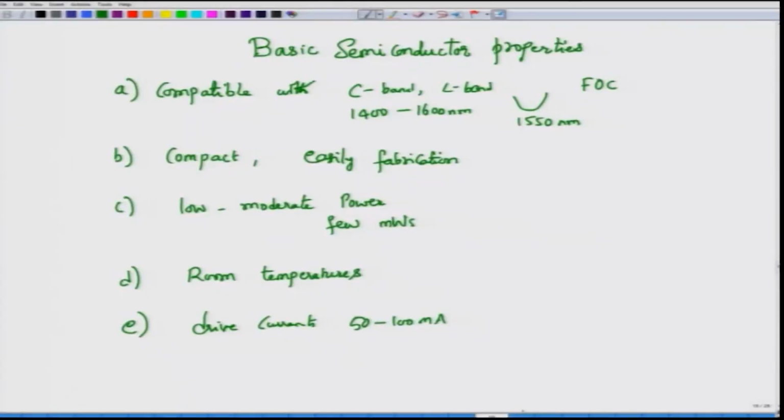Okay. What we want to do in this module is that we want to understand a few basic properties of semiconductors which are useful for discussion of lasers and LEDs. The history and the theory of semiconductors is quite vast. The required device properties is something that one cannot obviously cover in a single module or even two modules.